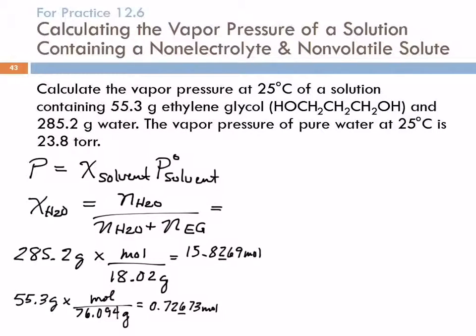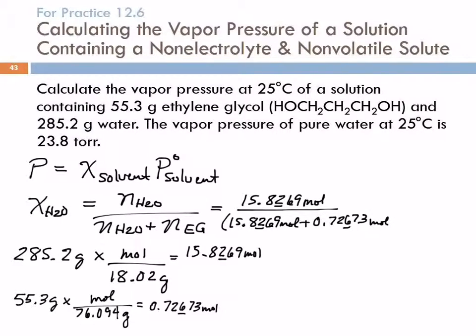So we'll plug the number of moles into our equation for the mole fraction. And in the bottom we have the sum of the two, plus 0.72673.